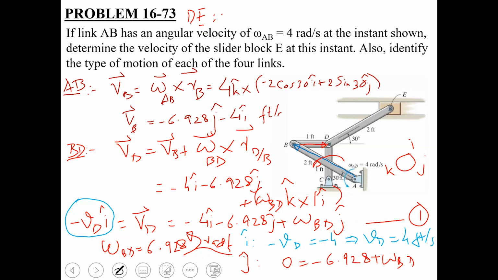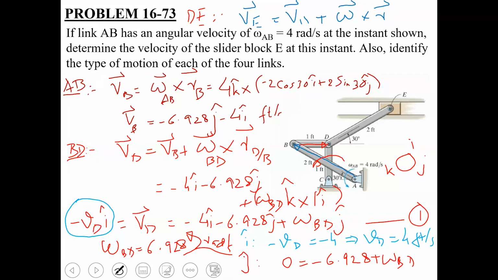So what should be our base point? D, because the motion of D is known to us now, so we can write VE equal to VD plus omega cross R.